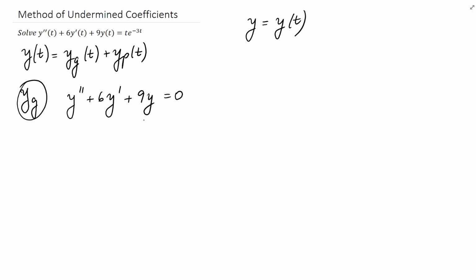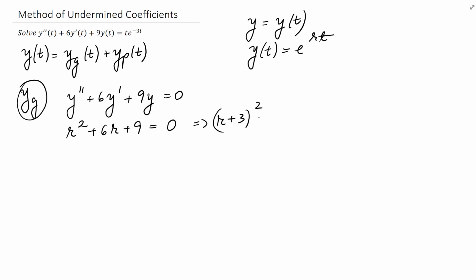Now, in order to solve this differential equation, we find the characteristic equation by replacing y of t with e to rt, and when we do the derivatives and everything, we end up with this equation, which can be factored into r plus 3 squared equals 0, which means r equals negative 3.